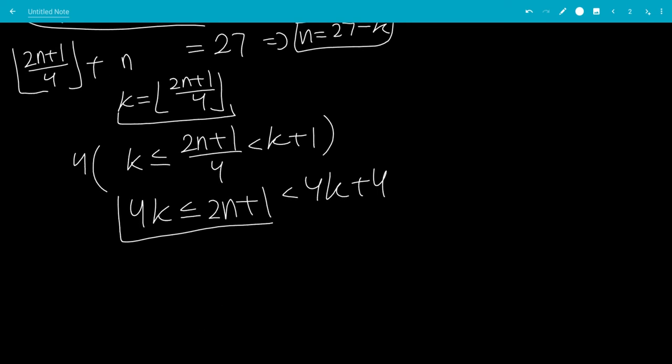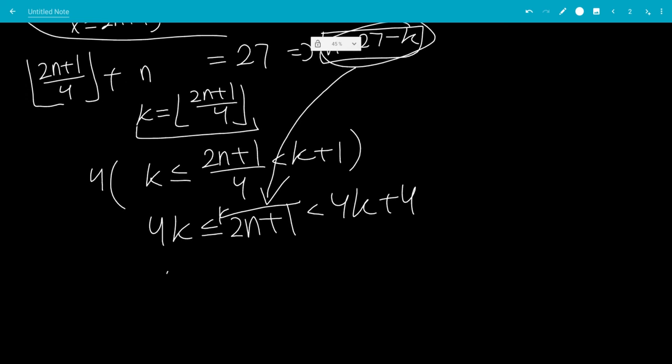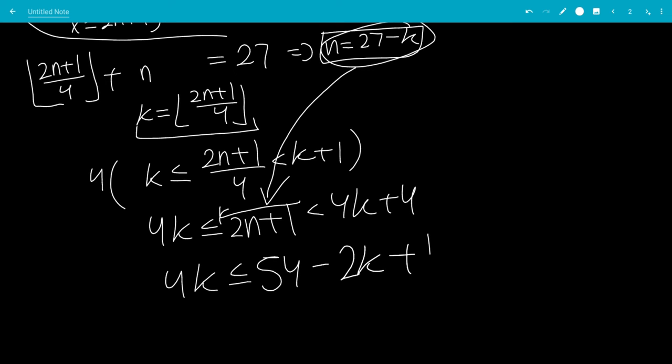Now we're going to plug in n equals 27 minus k into here. So now we have 4k less than or equal to 54 minus 2k plus 1, less than 4k plus 4. 54 plus 1 is 55.